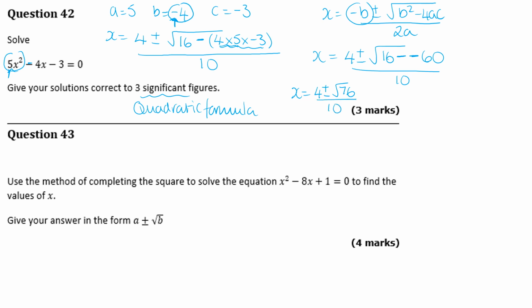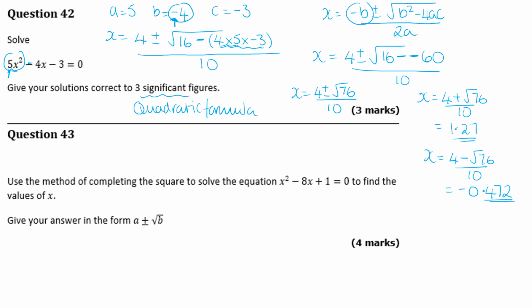So that's going to give you 2 answers. x is equal to 4 plus root 76 all over 10. On your calculators, that is 1.27 to 3 significant figures, or x is equal to 4 minus root 76 all over 10, which is equal to minus 0.472.